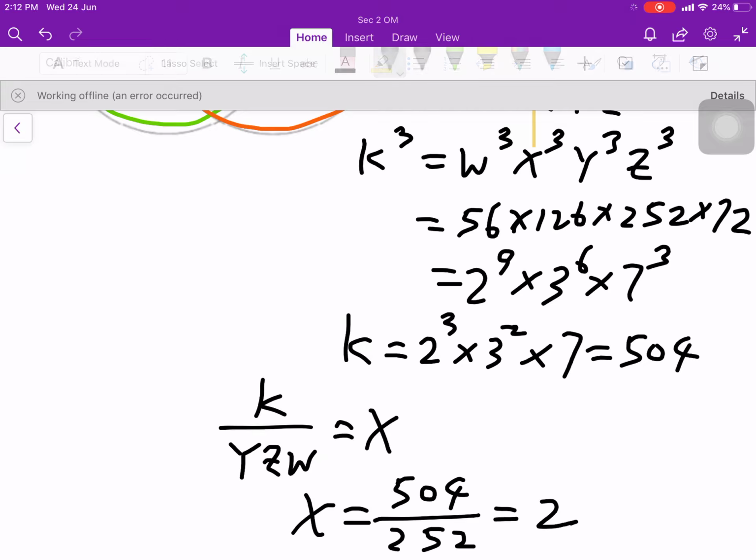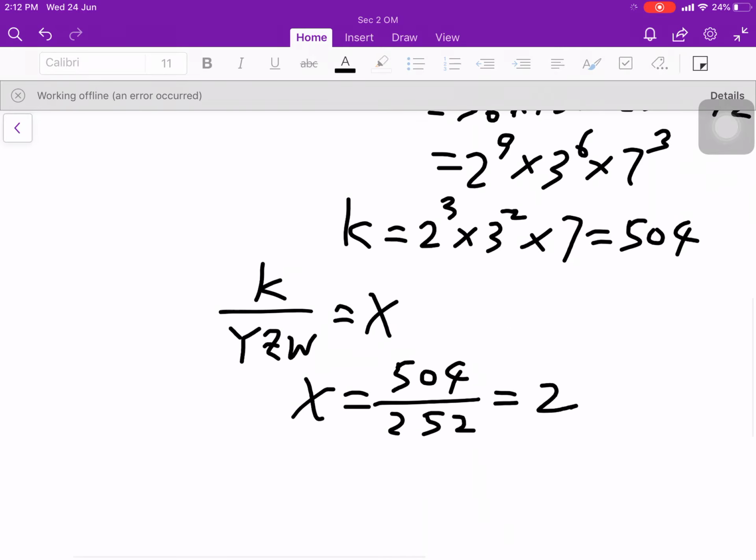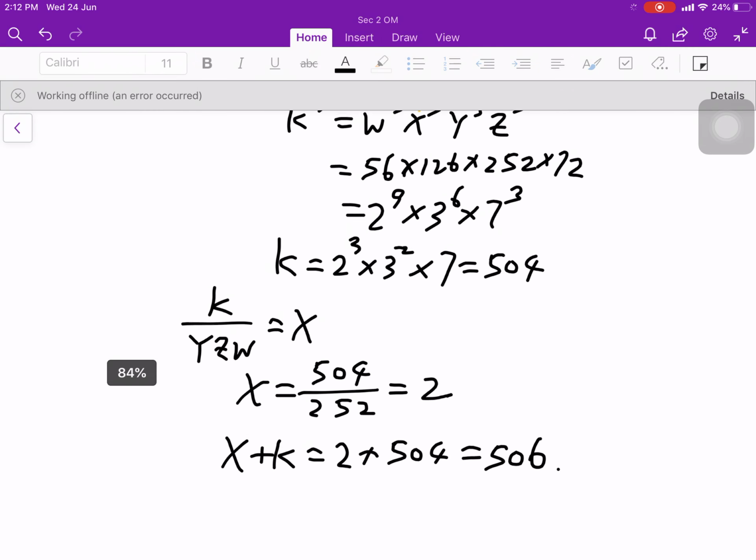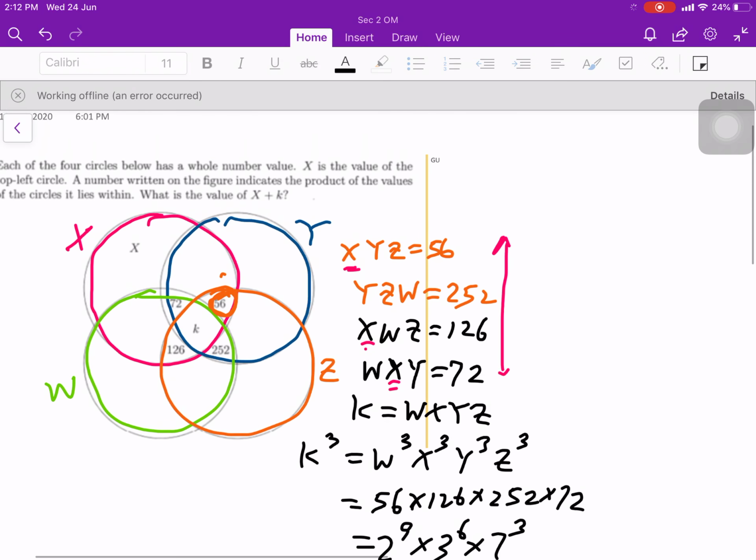What is x plus k? The question wants us to find x plus k, right? That will be 2 plus 504. Therefore, the answer is just 506, and hence we solve the question. I think this question is not so difficult.